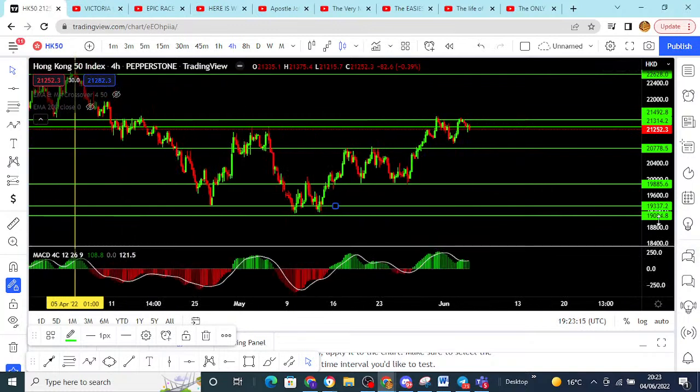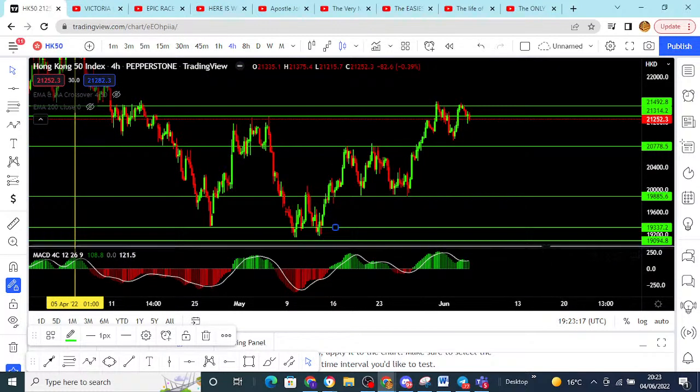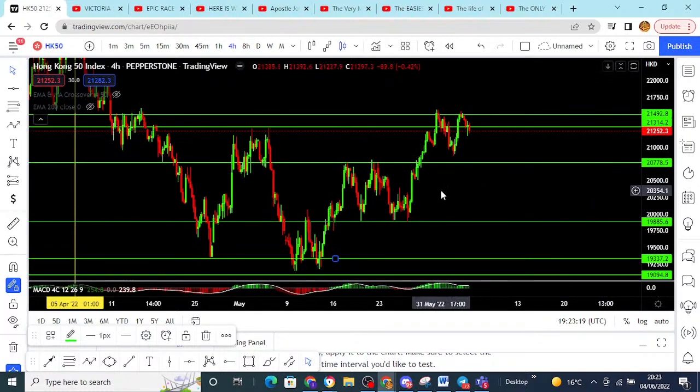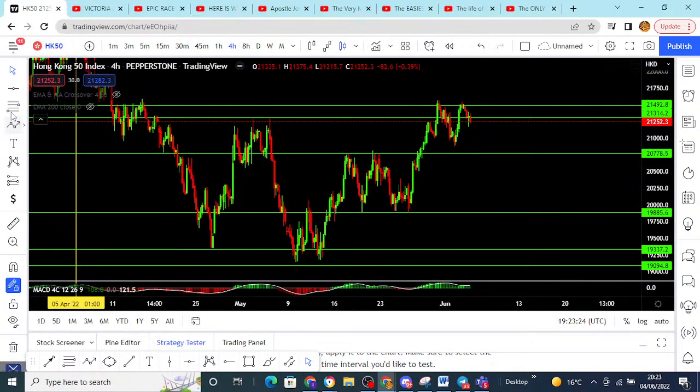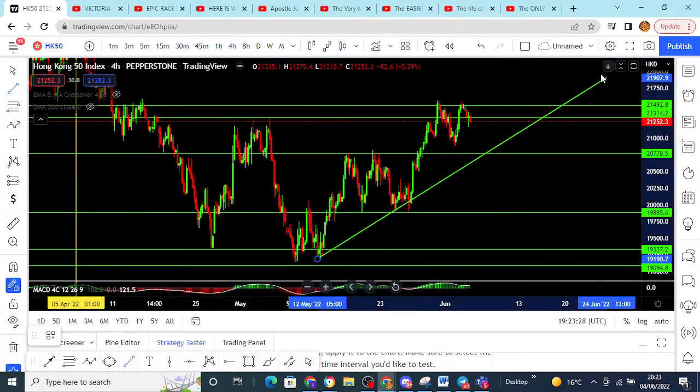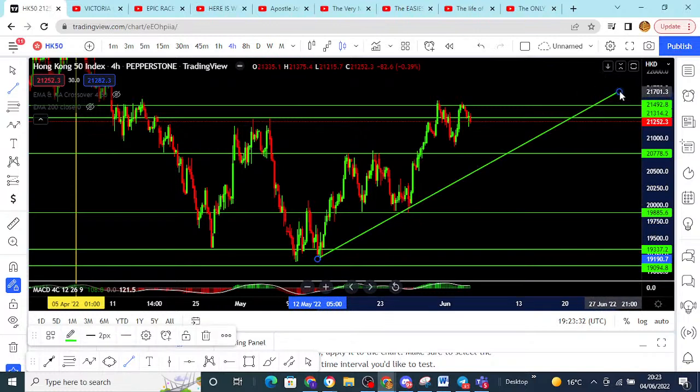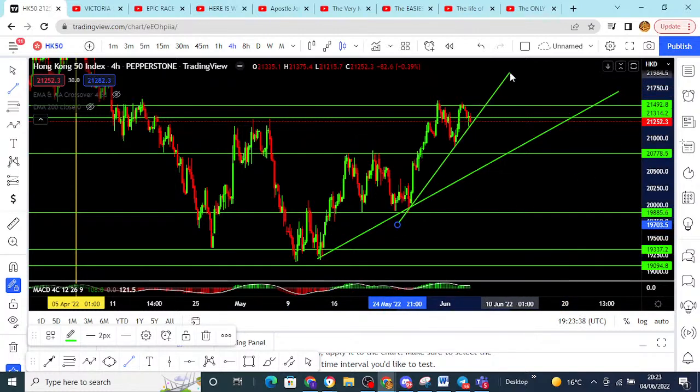So let's now try to understand market dynamics in the way of flags. So I can see a flag opportunity here. Some might even have drawn it like that.